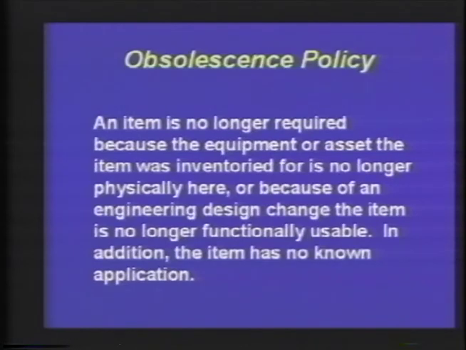Now, the last exhibit on this page addresses the obsolescence program. And an item that is obsolete, as I said earlier, and I'm referring now to a spare part, should not be in the storeroom. But I imagine if I went into your storeroom and you didn't have an obsolescence program, I will find, and you're going to find that we do have obsolete items in the storeroom.